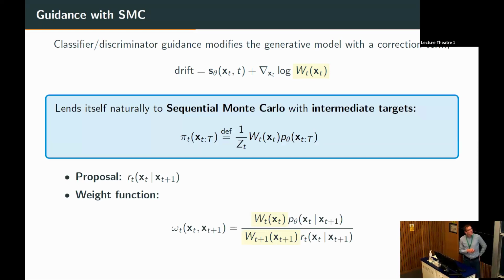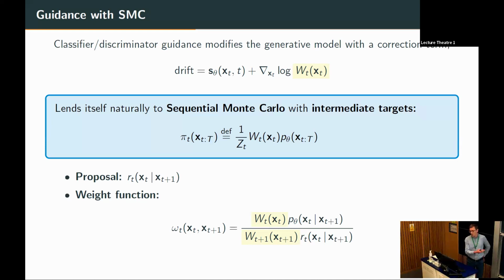With this formulation, we can interpret this as being the score of some modified model, which we can then take as a target distribution for SMC, and I refer to this as the intermediate target at time t, which is given by p theta here, essentially a prior given by the unconditional diffusion model, and this function w here plays the role of potential.